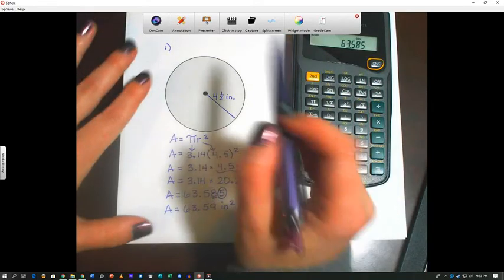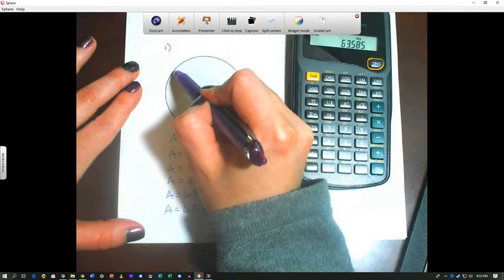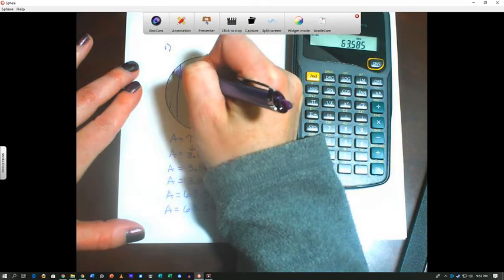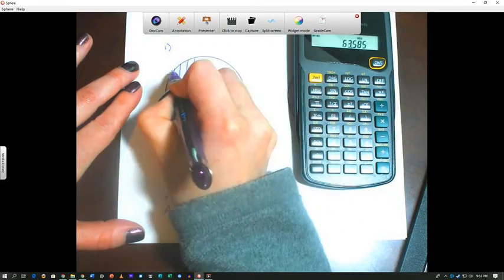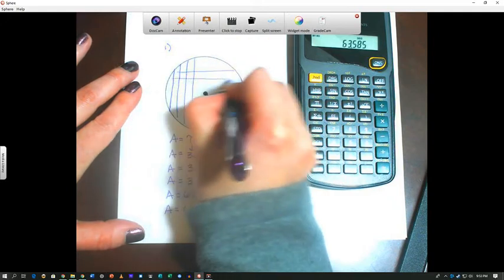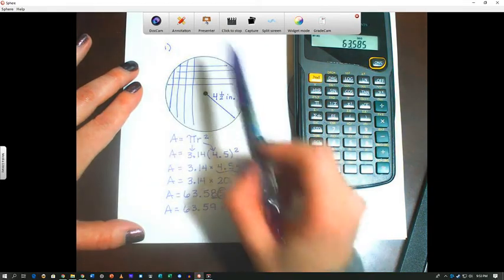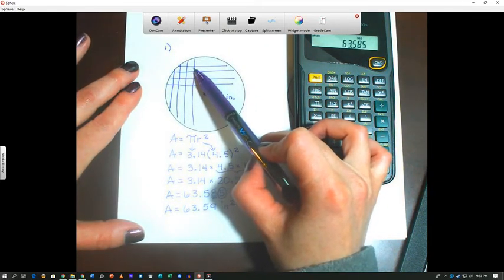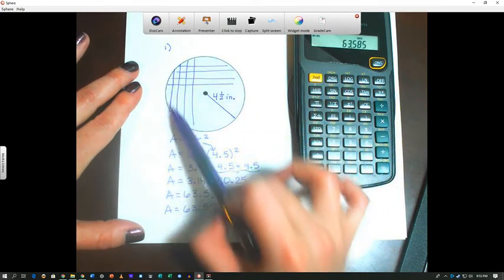So that means that if we were to divide this circle up into squares that are each 1 inch by 1 inch, there's going to be about 63.59 of these little squares within this circle.